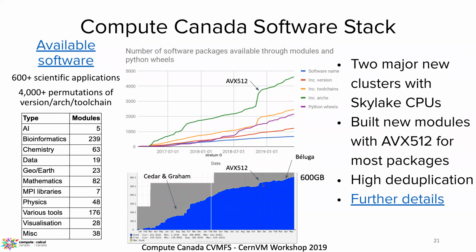The bump that happened for AVX512 is actually much smaller in size compared to the number of applications being rebuilt. That's because when we rebuild an application, there will be sources that are the same, and sometimes data sets in an application that are the same. All of those are deduplicated, and there's only one copy that is kept.